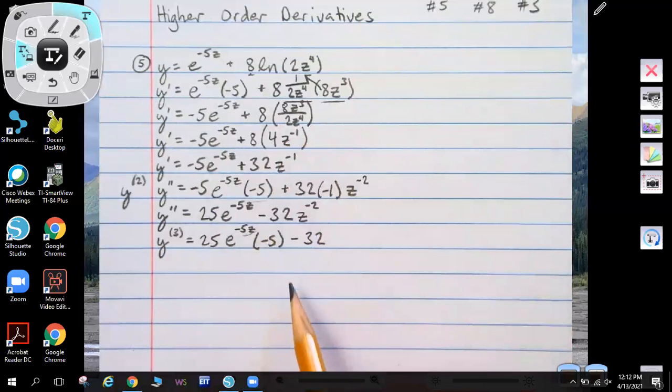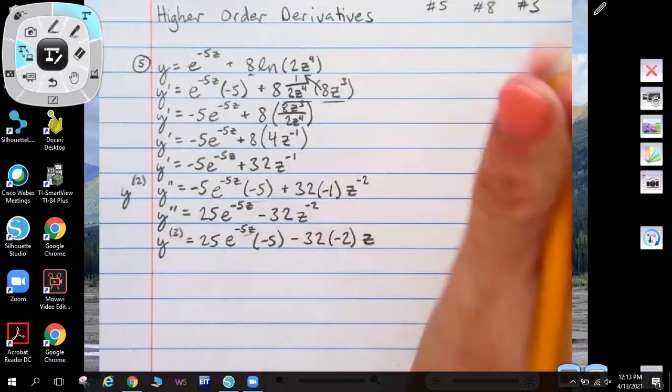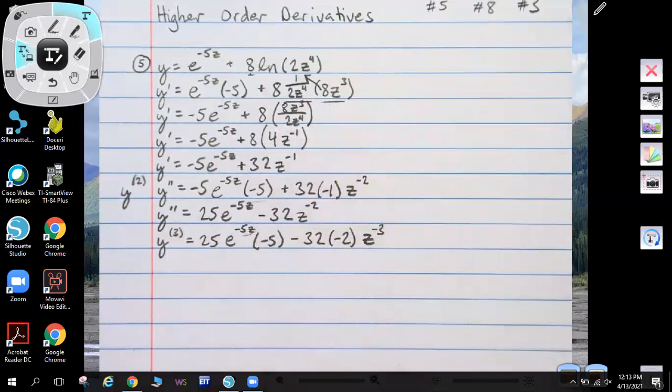That negative 32 is going to come along for the ride. The derivative of z to the negative 2, the negative 2 comes down in front. Our new exponent is negative 3. It's basically a pattern at this point after we got rid of the natural log.